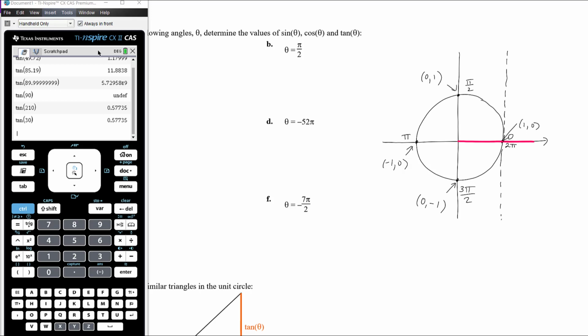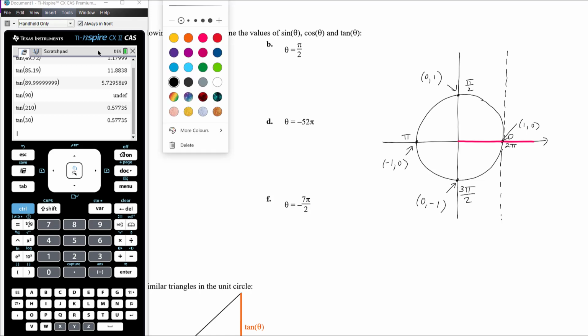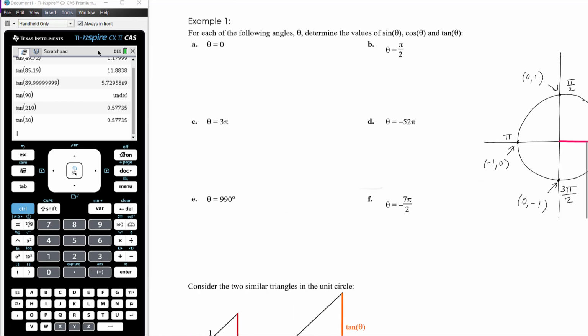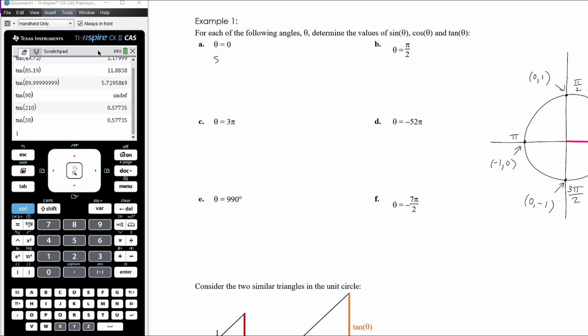Okay. Alright, so let's note that over here. Oops, sorry. So sine of theta is the y-coordinate of the point at an angle of theta, that is 0. Cosine of theta, the x-coordinate of the point, sorry, it's not theta, let's make it 0 now. Sine of 0 is 0.